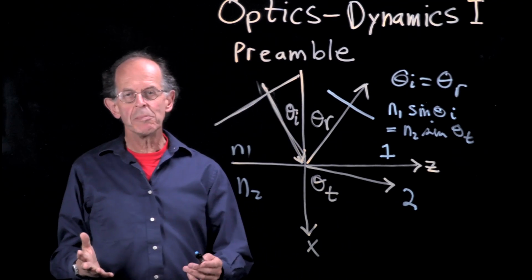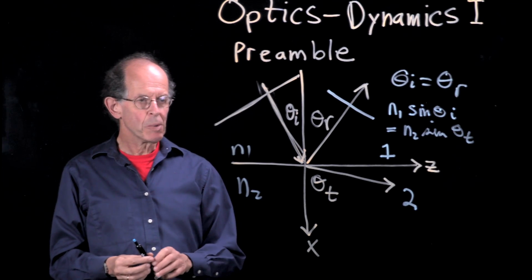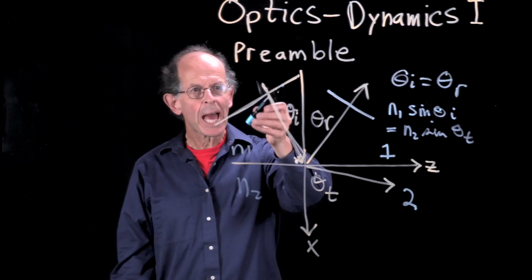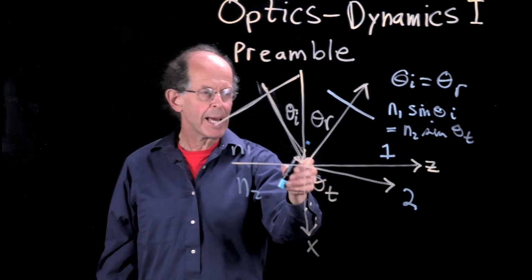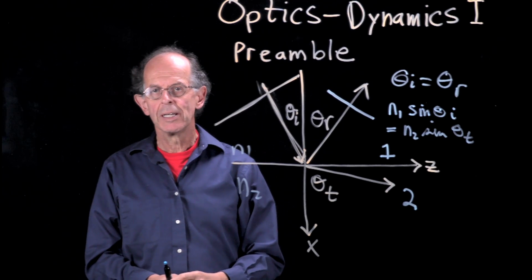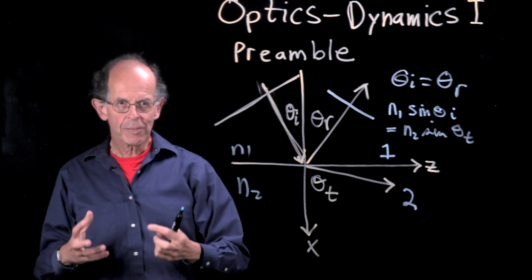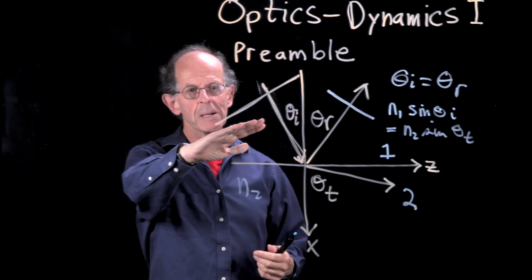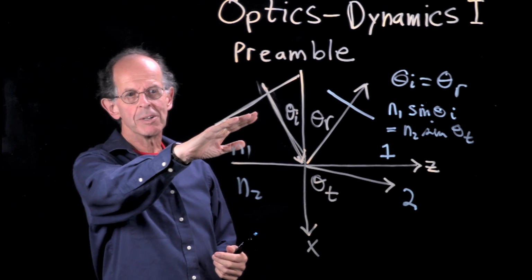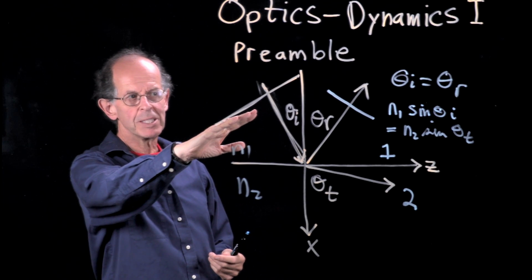So what do we mean about dynamics? Well, we want to now actually calculate the amplitudes of the reflected and transmitted fields. And in order to do that, there are two things we need. One is we have to be able to represent the plane wave for the electric and magnetic fields.